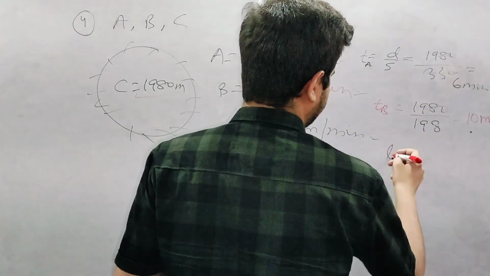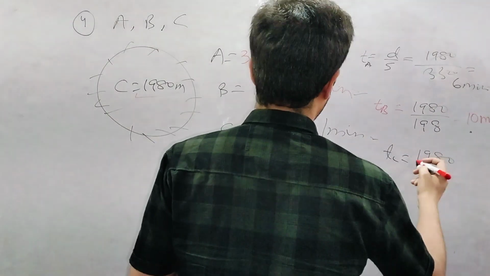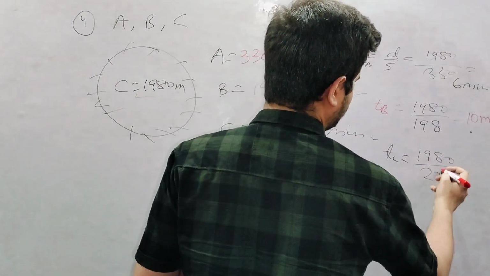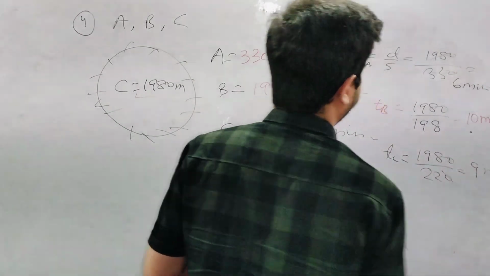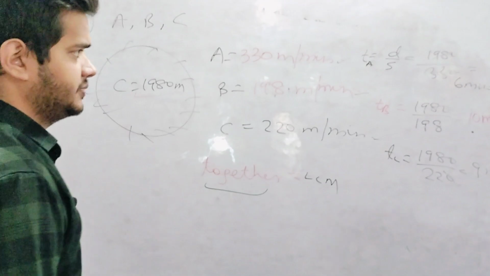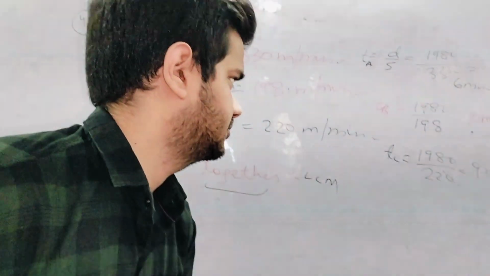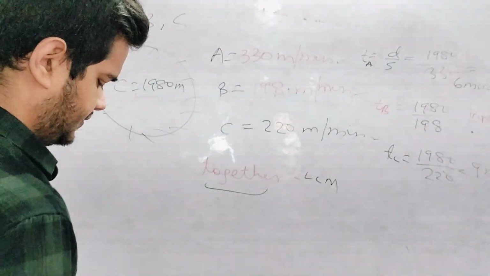Now time of C is 1980 upon 220, which is 9 minutes. That is, A takes 6 minutes, B takes 10 minutes and C takes 9 minutes to cover the park.